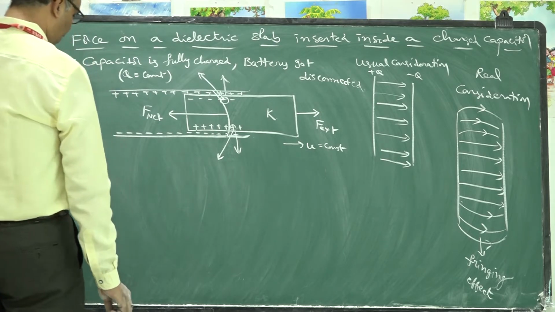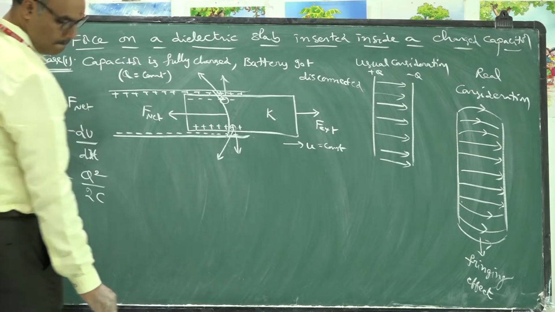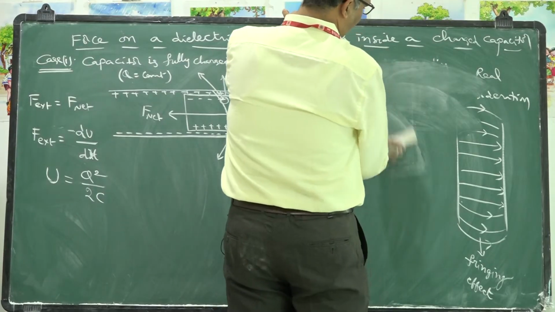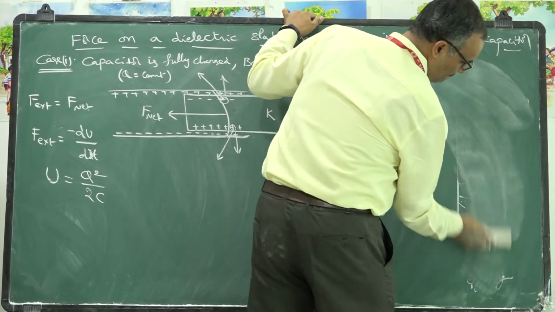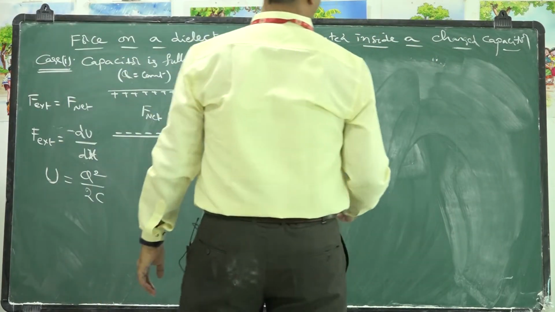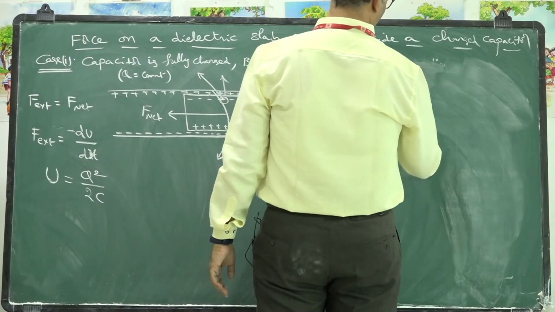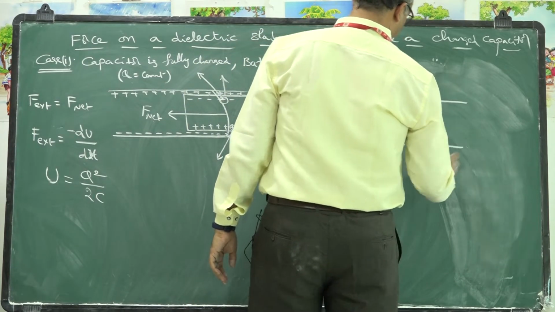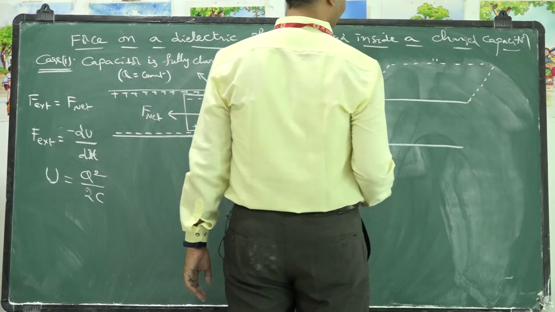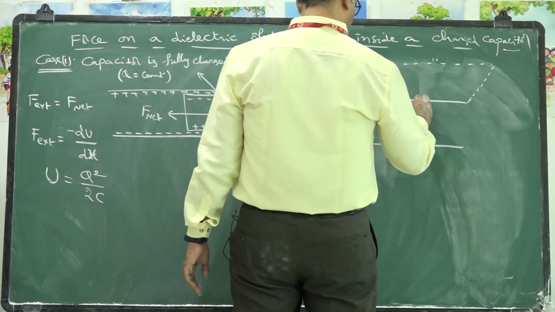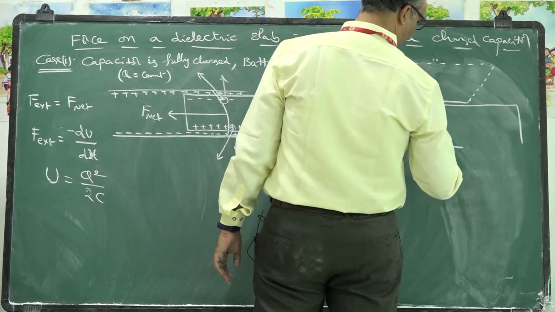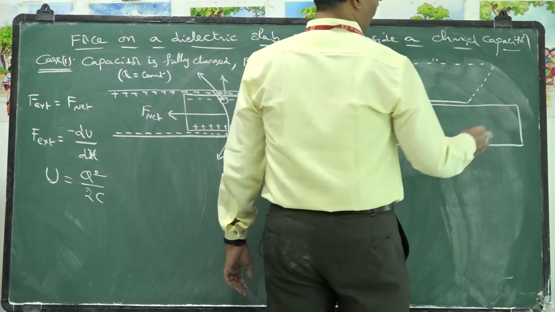For understanding purposes, I am drawing the figure once again here. These are the two plates of the capacitor. Actually, they are like this in 3 dimensions. There is a dielectric slab which is pulled like this.